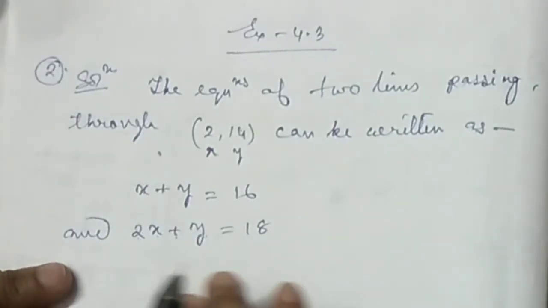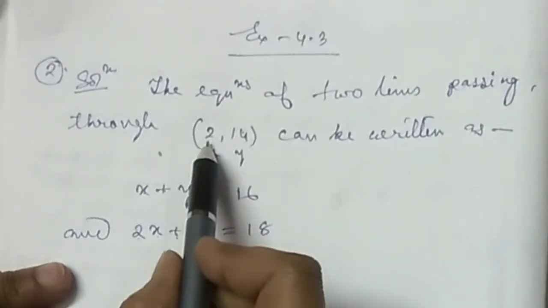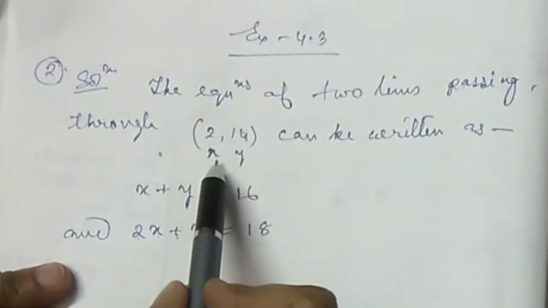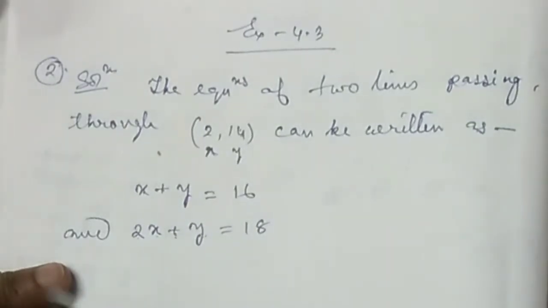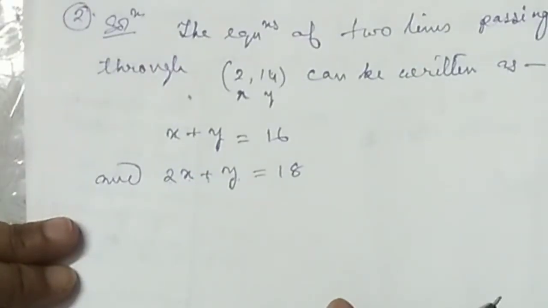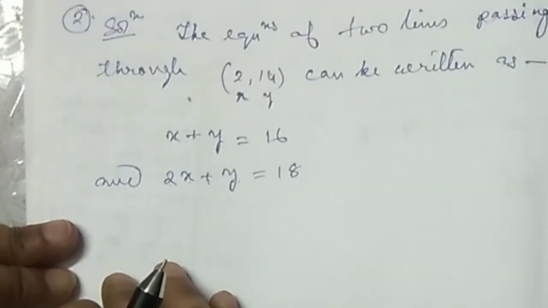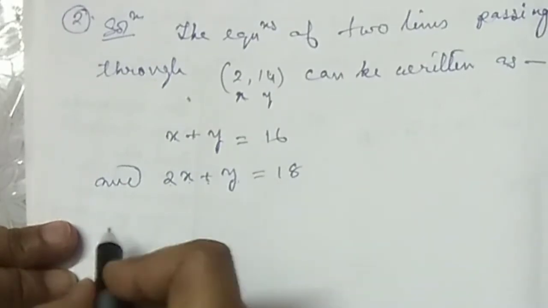So you can make as many as you want, depending on the condition. This condition has to be followed. Every time you have to take x equal to 2 and y equal to 14, and you can make many equations. So here you will get an infinite number of solutions. How many more such solutions are there?